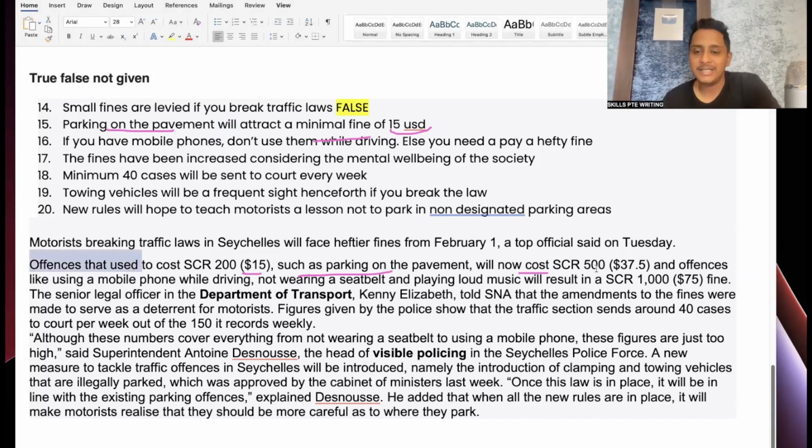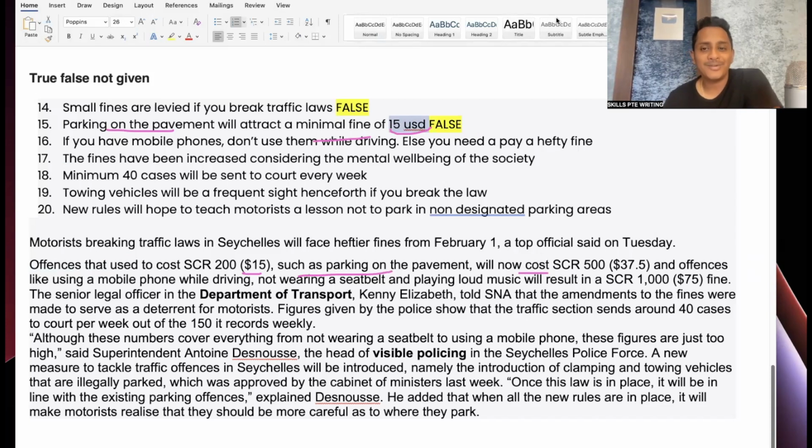Past is not considered here. That is talking about this $37.5. So this is again, Kavita, it is given. It will now cost. Right now it is 37.5 USD; 15 USD is what it used to be earlier. Correct? So it is false.